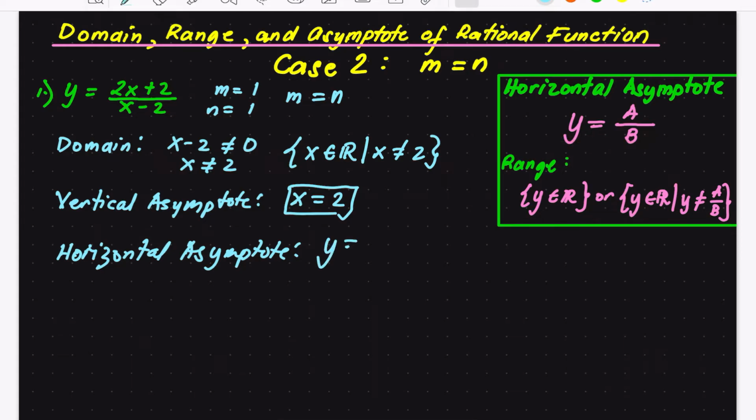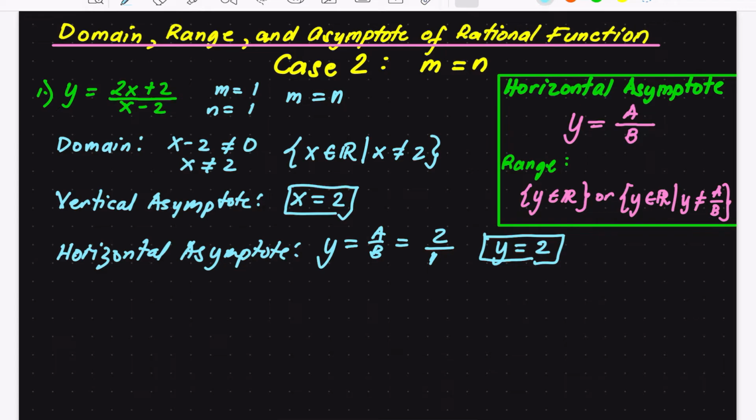So y is equal to a over b. So ang a natin sa numerator is 2, ang b natin sa denominator is 1. So, saan ko nakuha itong 2 at saka 1? Dito, leading coefficient. So, 2 over 1. So, may 1 na invisible dito. Kaya ang magiging horizontal asymptote natin, y is equal to positive 2. So, sinimplify na natin to. 2 over 1 is 2.